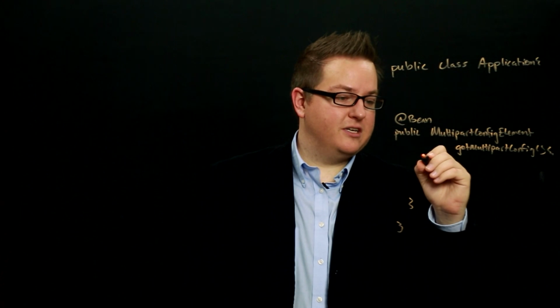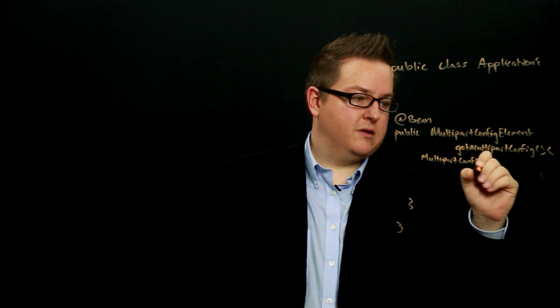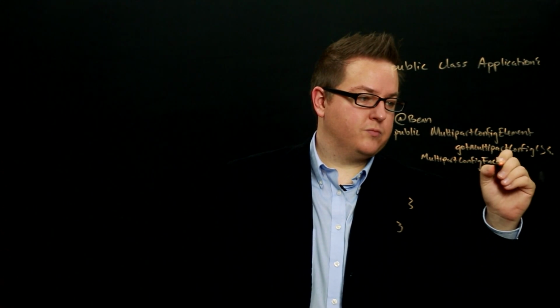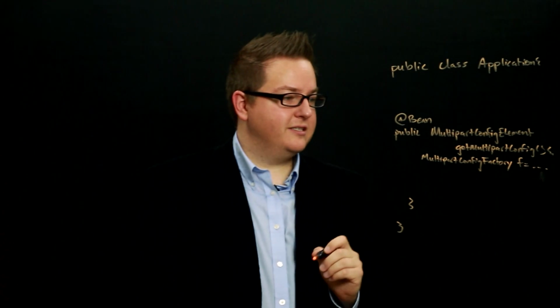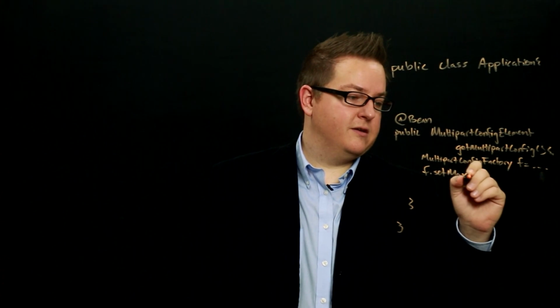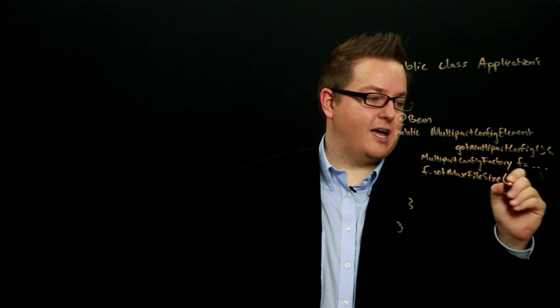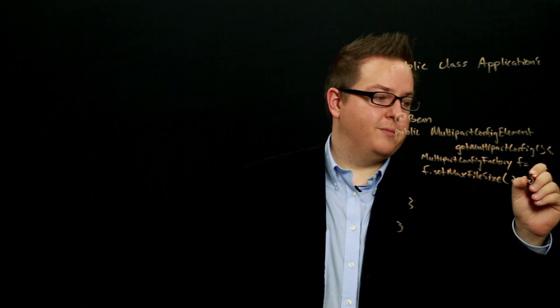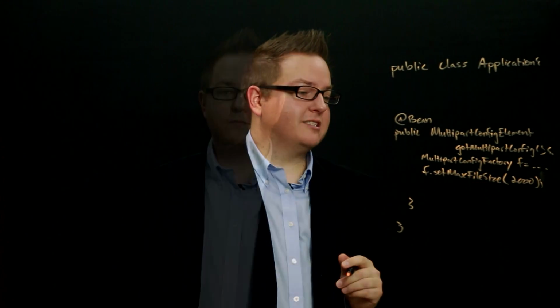So what we do is we say MultipartConfigFactory f equals, and we construct a new one of these, and then we can do things like say f.setMaxFileSize, and we can provide some size like 2,000 bytes or whatever it is that you want to limit the upload size to be.